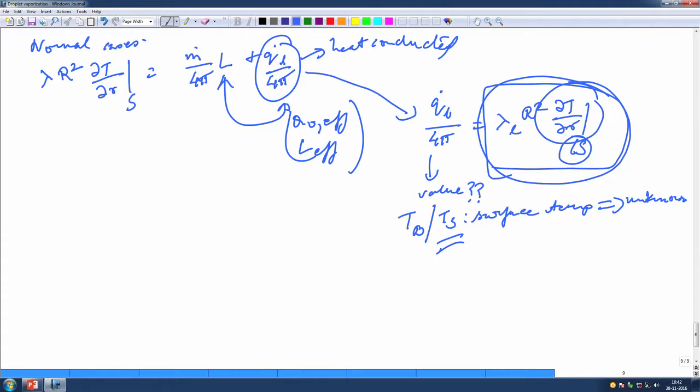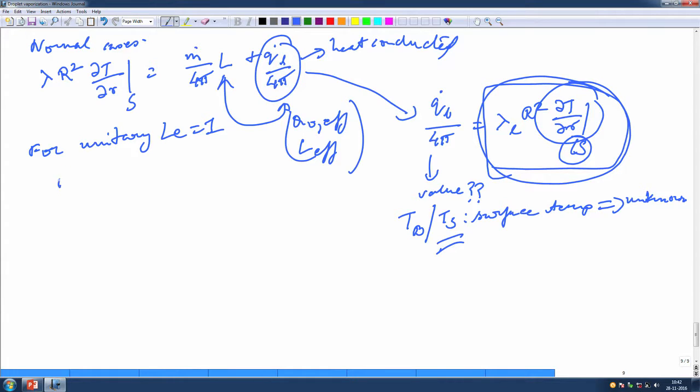Now, before we go to this, we can establish a few quantities which will help us. Some of the quantities you already knew. Now, for unitary Lewis number, that is Le equal to 1, the Lewis number means your thermal diffusivity and your mass diffusivity are of the same value.